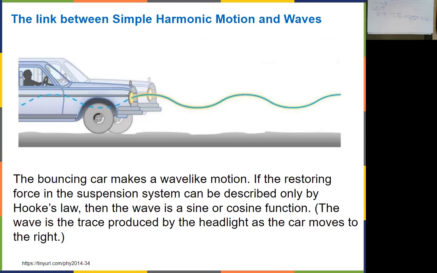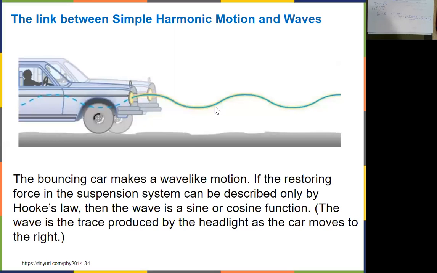Or if you look at the headlights, if you are driving at night, then you'll see the headlight actually goes up and down. It looks like a wave you would have in water in a pond or in the ocean. So in that case, you can see there's a link between simple harmonic motion and waves, okay, because they have the same pattern.